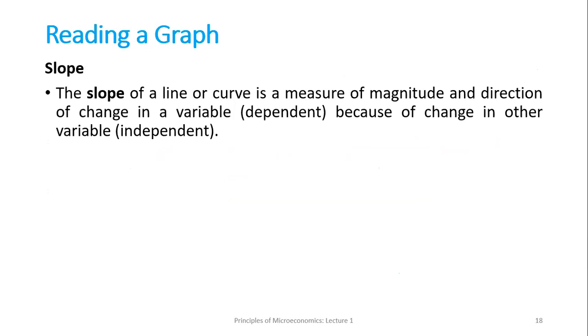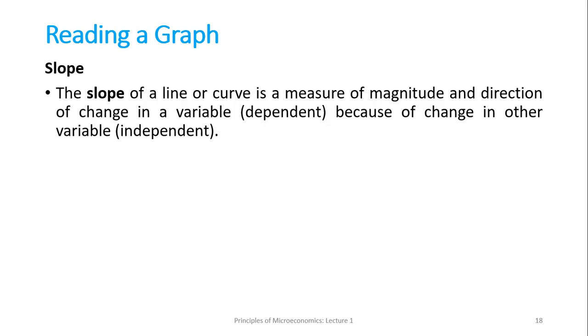In economics we read the graph on two important grounds. First is the slope. Slope measures the magnitude and the direction of change in a variable because of change in another variable. For example, if the price changes, how does the quantity demanded change? The slope measures its direction: will the quantity demanded increase or decrease, and its magnitude: how much will it increase or decrease.